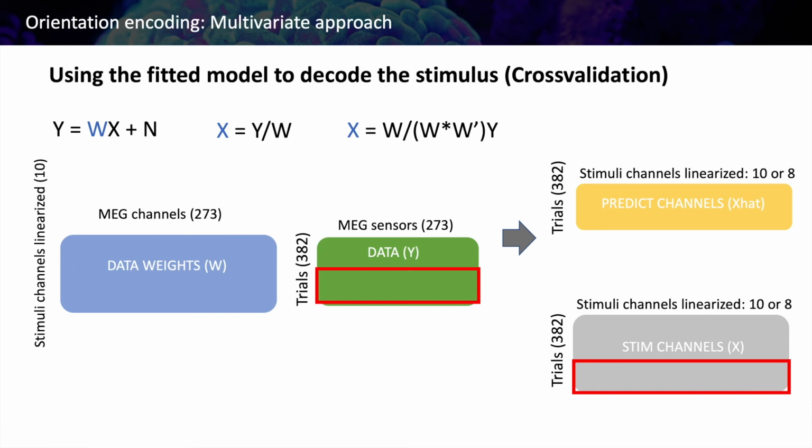So again, what we can do is verify if the activity that our model is giving us for the stimulus channels, the regressors, is the same as the one that we can calculate from the second part of the experiment. If this happens, that means that we can decode information. And actually, if we apply some operations that you don't need to understand, you can decode the specific orientation of each trial.